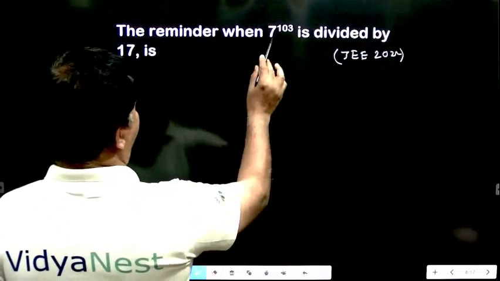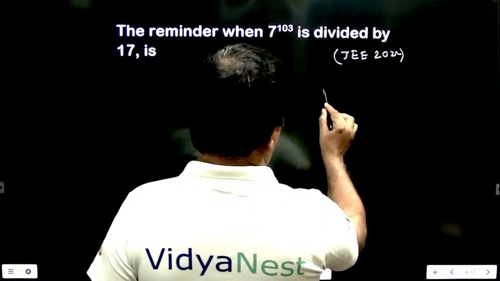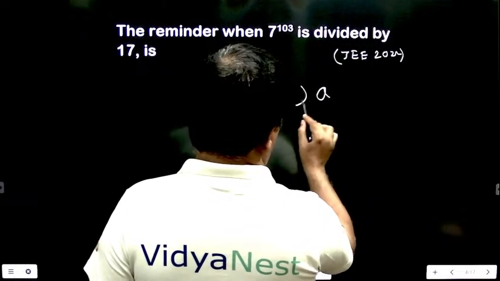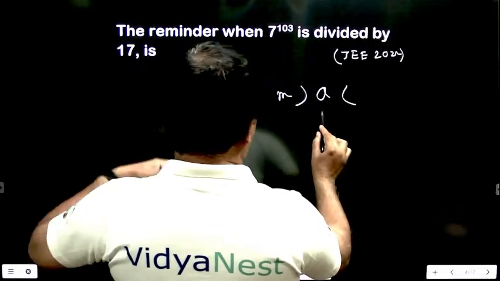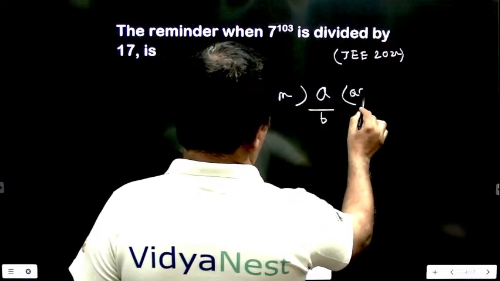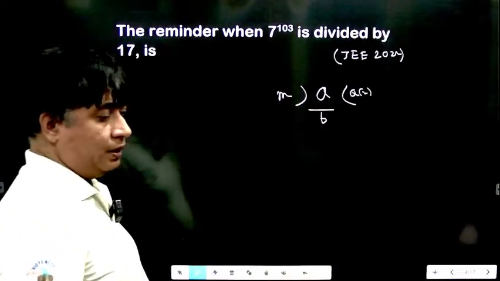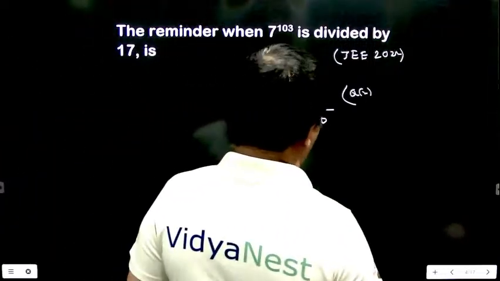See, suppose you are dividing A by M with remainder B and a quotient. Now, what does the modulo theorem state?